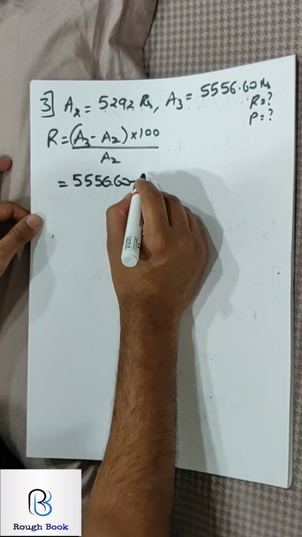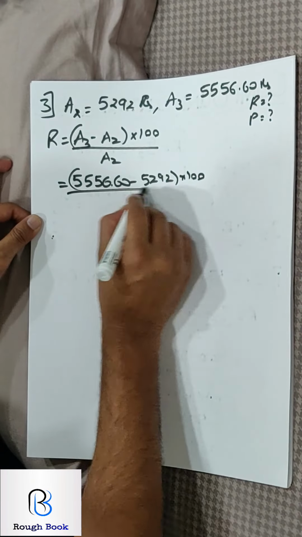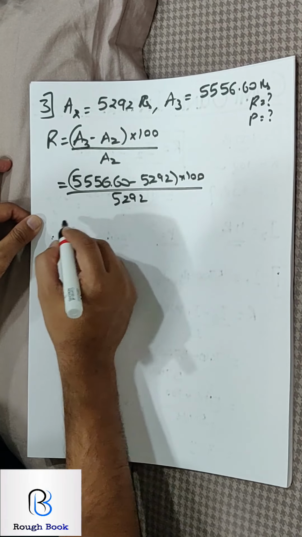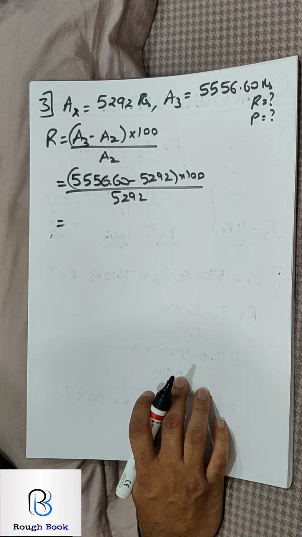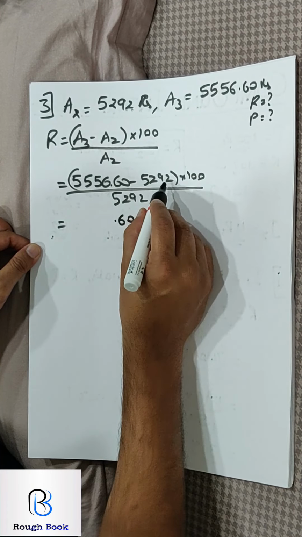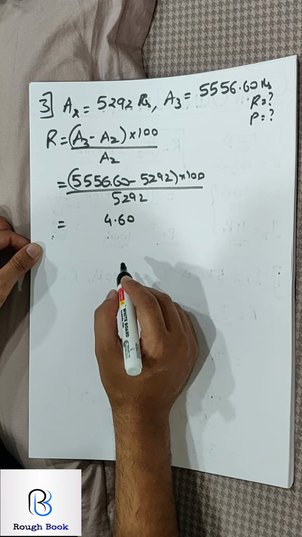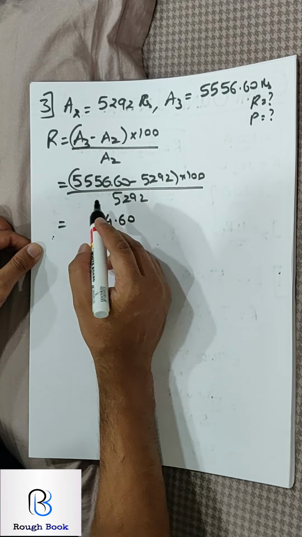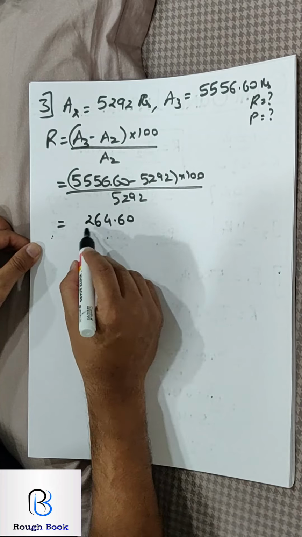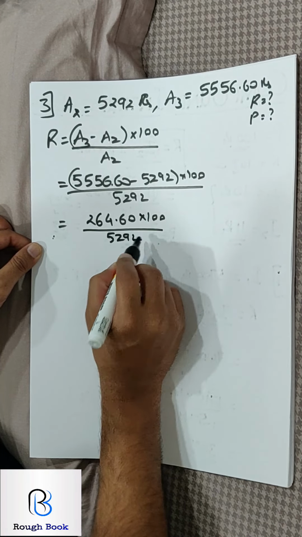So 5556.60 minus 5292 into 100 upon 5292. Let's see what's the difference and try to calculate the answer correctly. This is going to be 264.60, so 264.60 into 100 upon 5292.